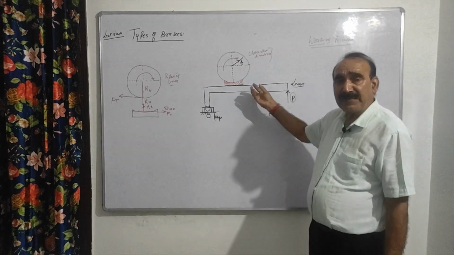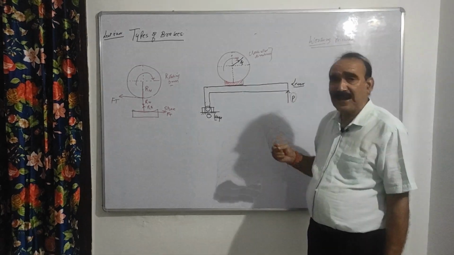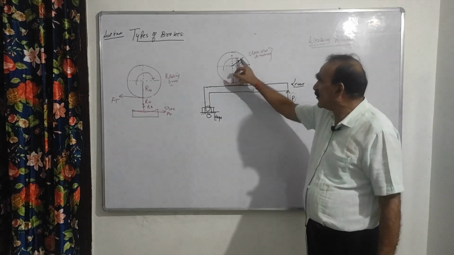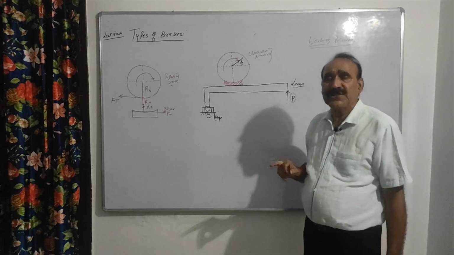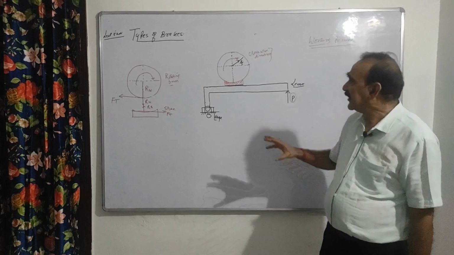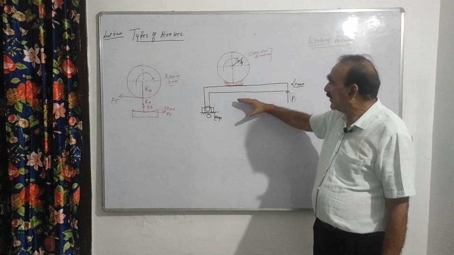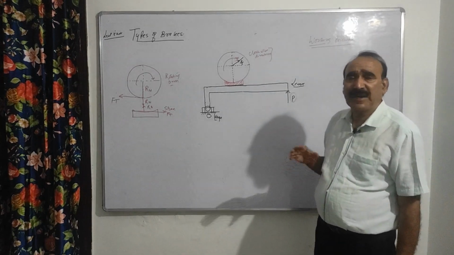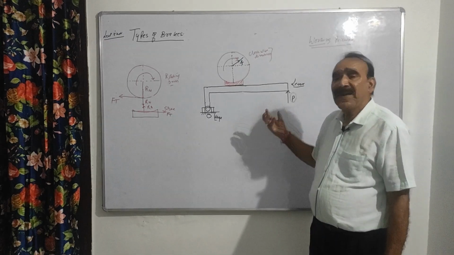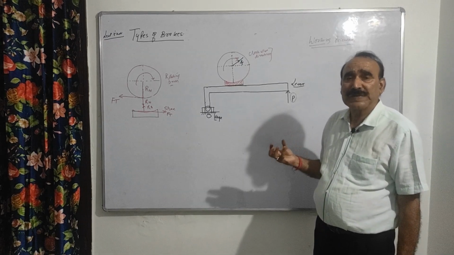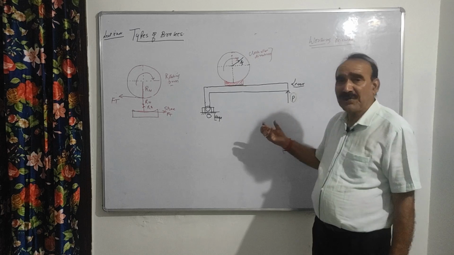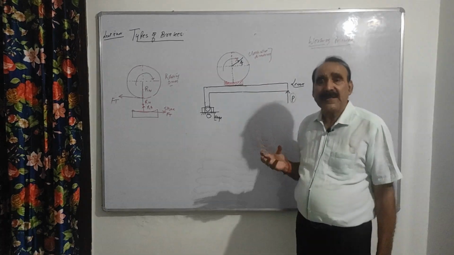The drum is rotating and the shoe is static. But when it is in contact with the rotating drum, what happens? A frictional force develops between the shoe and the drum on the contact surface, right?